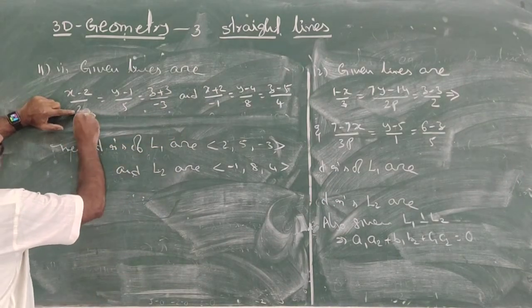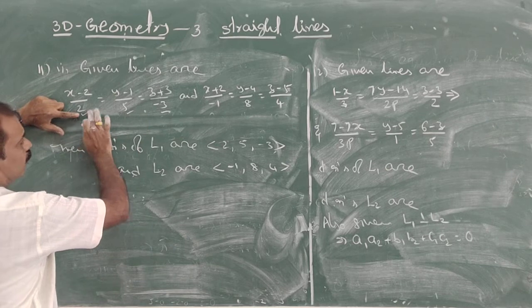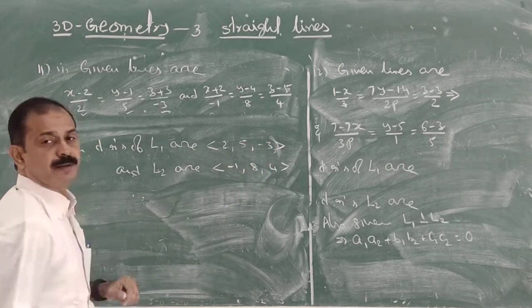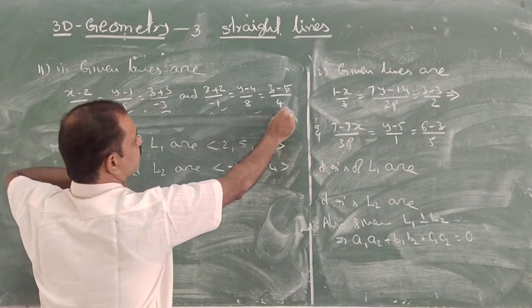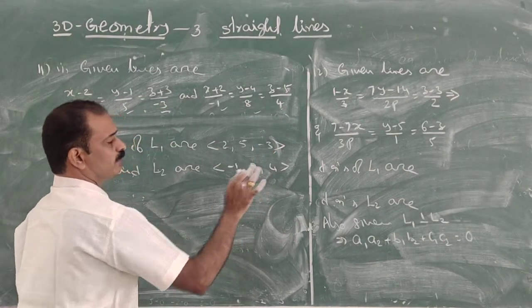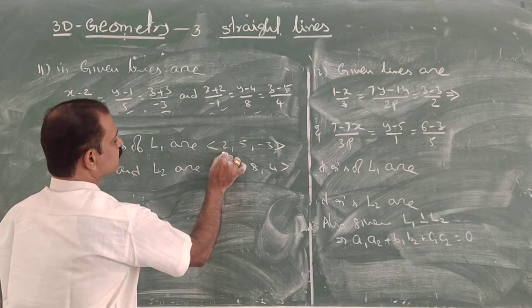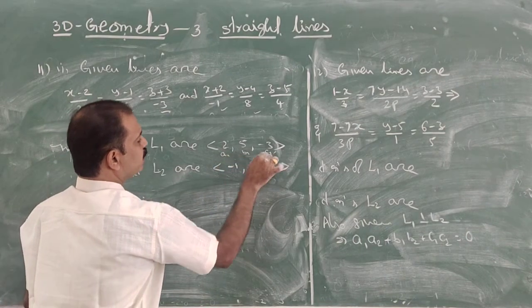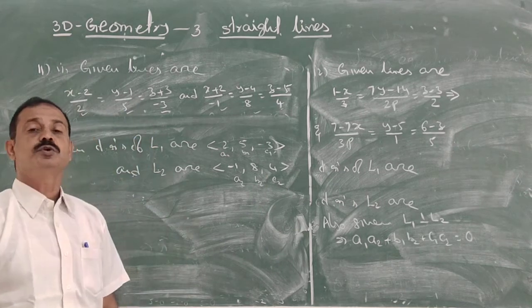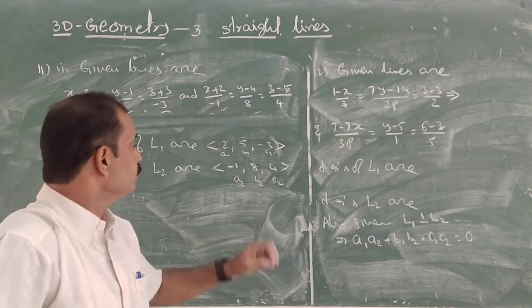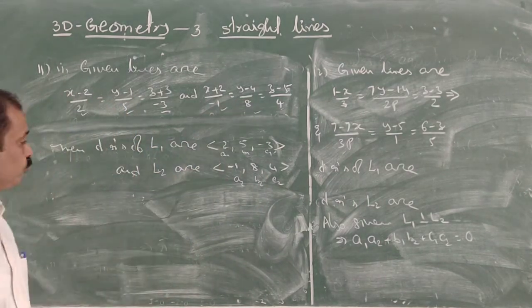Therefore, the DRs of the first line are 2, 5, −3, and in the same way, the DRs of the second line are −1, 8, 4. So this is a1, b1, c1, and here it is a2, b2, c2. Now you have to find the angle between the two lines.